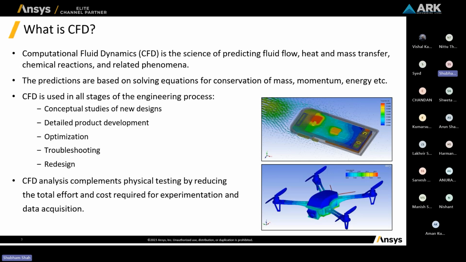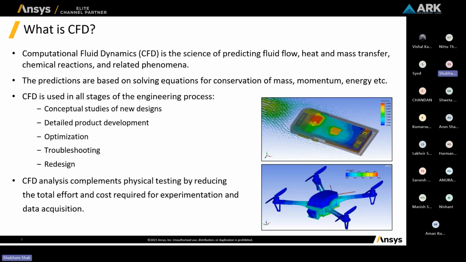In engineering processes, you can use a simulation tool, whether it's Icepack, CFD, mechanical, or electronic simulation. You can use these tools for conceptual studies when you are designing a new product, or for detailed product development where you are developing a detailed product like a whole component.